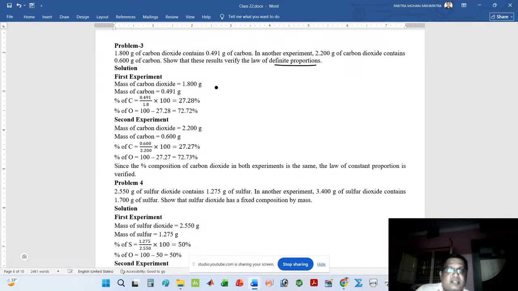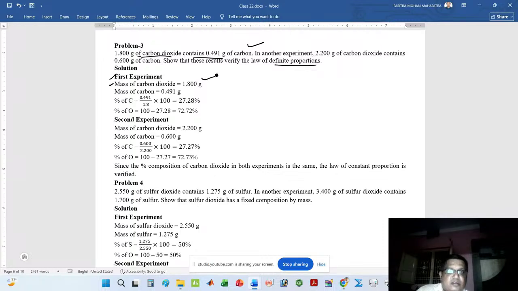Your first experiment is given. In the first experiment, look at the question, 1.8 gram of carbon dioxide contains 0.491 gram of carbon. So here I can write mass of carbon dioxide is 1.8 gram.